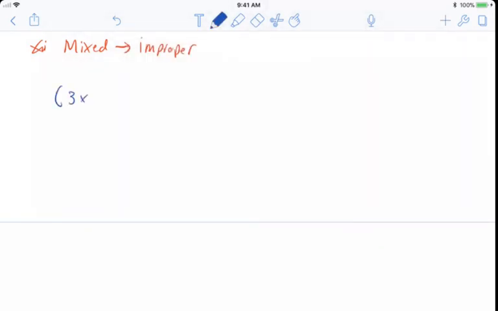3x plus 2 plus 4x over x squared minus 1. The way to combine a mixed rational expression is really similar to the way we combine a mixed fraction. What was the first thing I had to do to add together this mixed fraction?